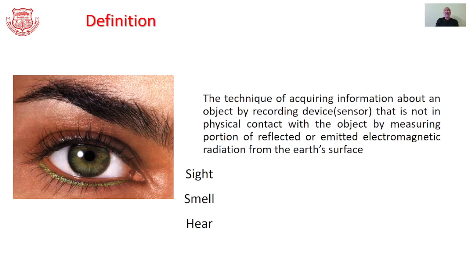Human eye is an excellent example of remote sensing. In fact, sight, smell, hearing are rudimentary examples of remote sensing. We see certain objects, not necessarily that object being touched.